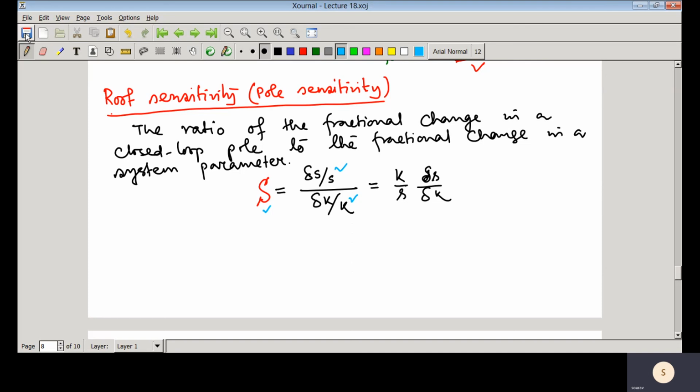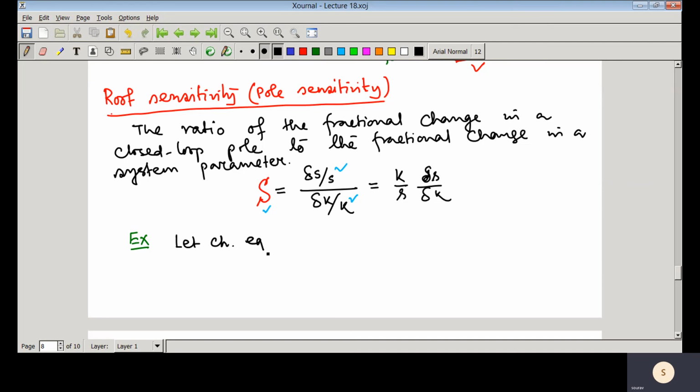I think when we started discussing root locus, in the first lecture on root locus, we discussed one numerical example. I am just taking some data from that example. We have given all the data in that particular lecture.